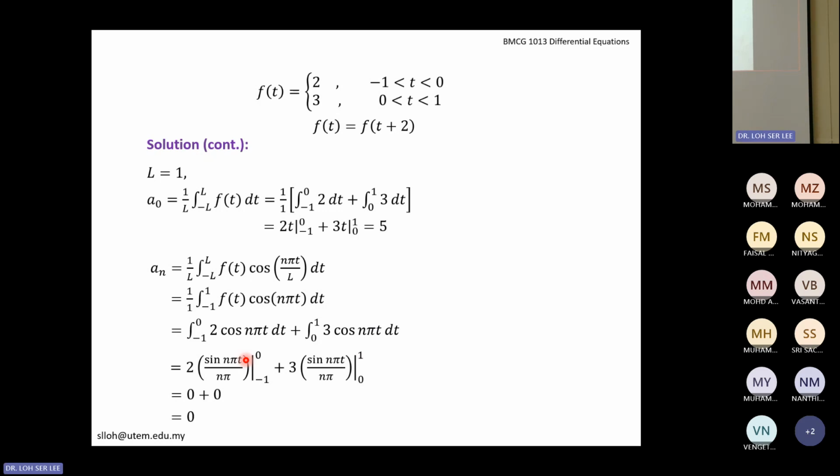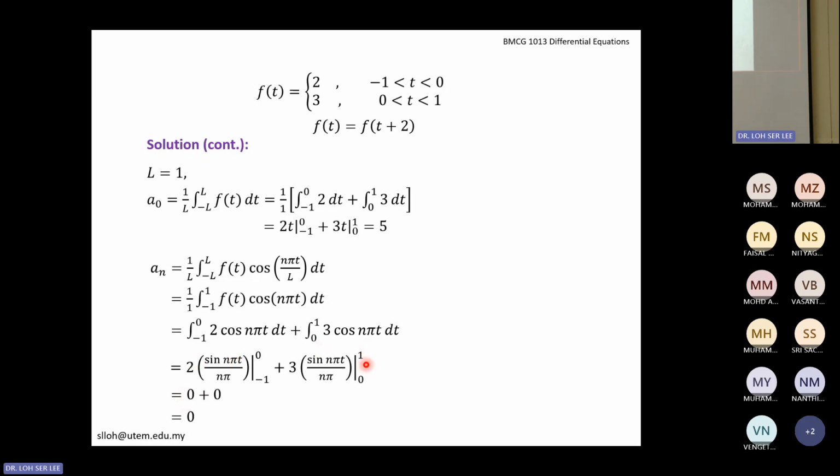For the sine function, we can take out the minus from the angle: sine negative theta equals negative sine theta. So we have minus sine n pi. Remember, sine n pi is forever 0. That's why you get 0.